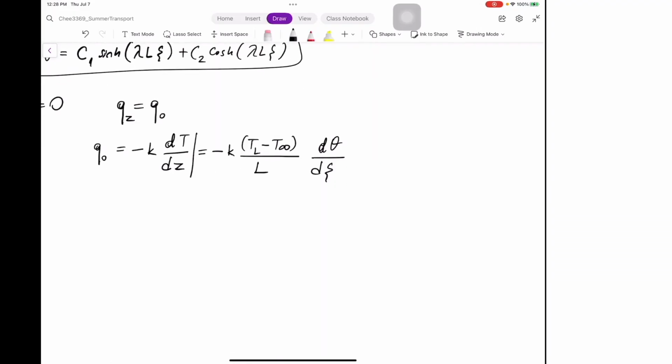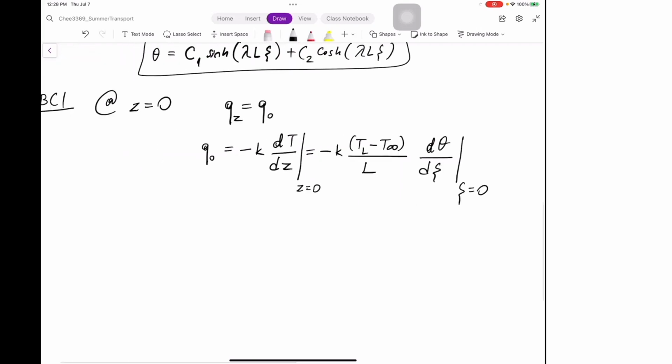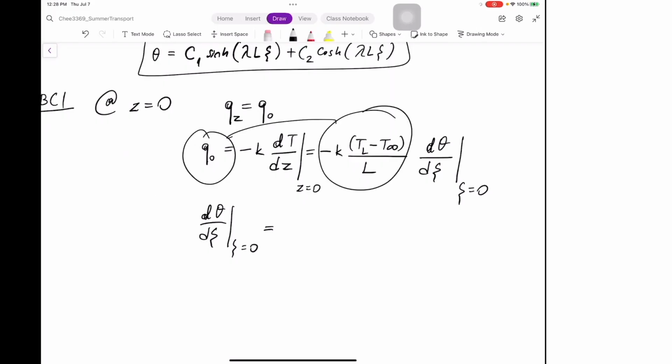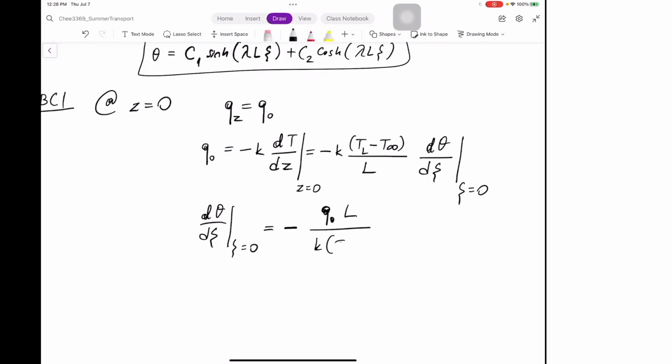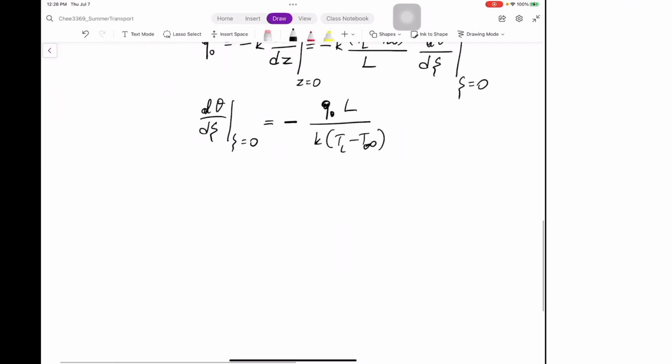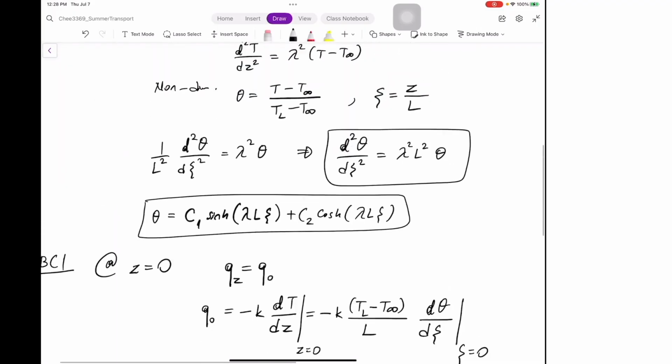You calculate that at z equal to 0, so that means you calculate this at psi equal to 0. So this boundary condition is basically d theta over d psi at psi equal to 0 is equal to, if you take these to the left-hand side, making them upside down, negative Q0 L over K times TL minus T infinity, right? So that's the boundary condition.